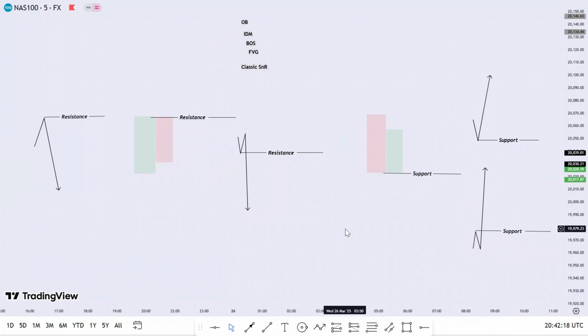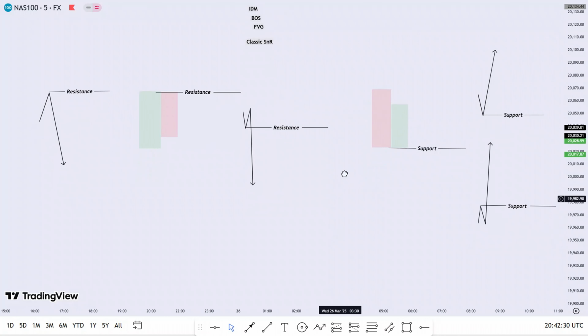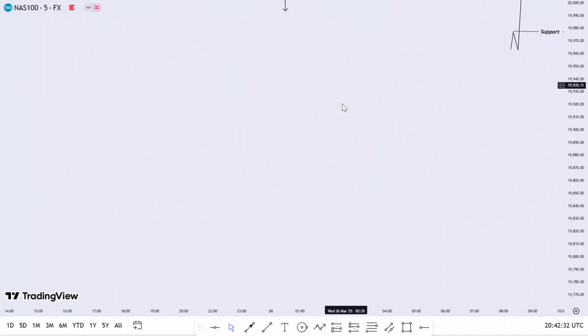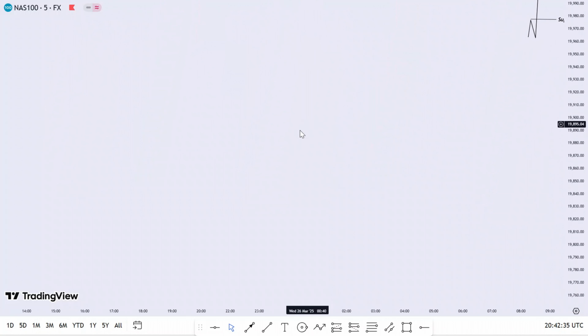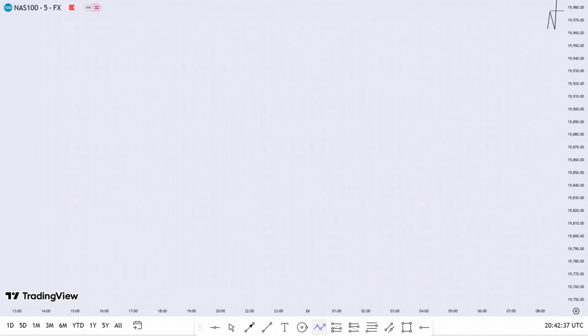Okay. Now the second type of entry model I actually have is the RBS, which is resistance becoming support or support becoming resistance. I'm going to explain everything on the chart to you, but I'm just showing you guys the illustration. Now the RBS, there are a lot of things that go into place to actually trading the RBS.